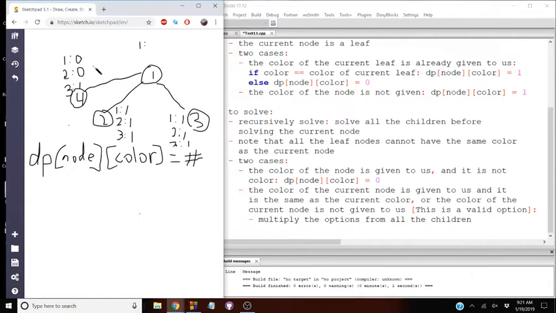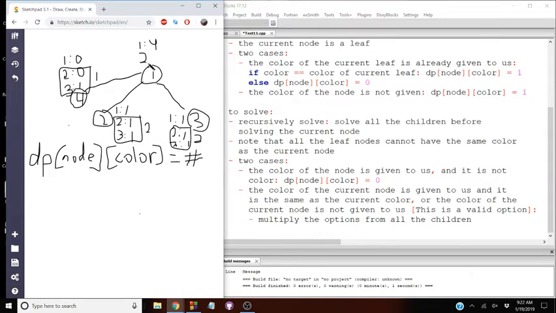So this means that if this is a 1, right, then 4 can be a 2 or a 3 for a total of 1 option. 2 can also be a 2 or a 3 for a total of 2 options. And 3 can be a 2 or a 3 for a total of 2 options. So we multiply all of them together, 1 times 2 times 2, to get 4. There's 4 ways to do this.